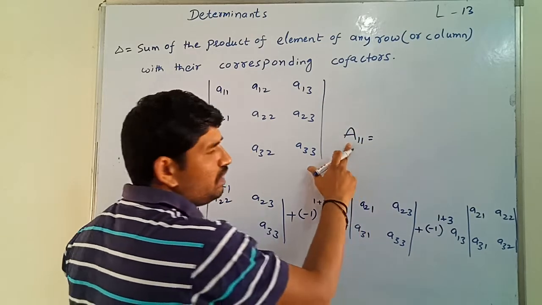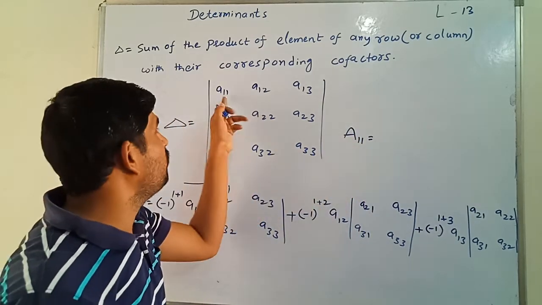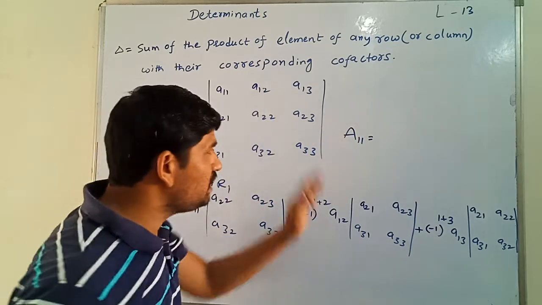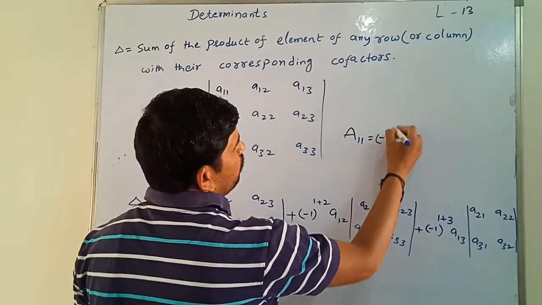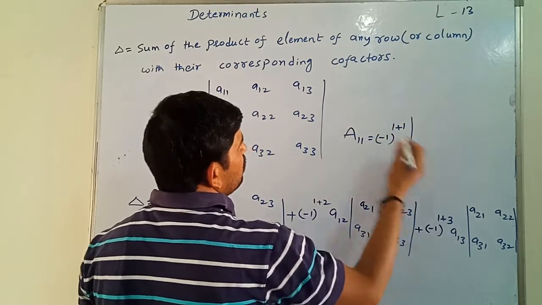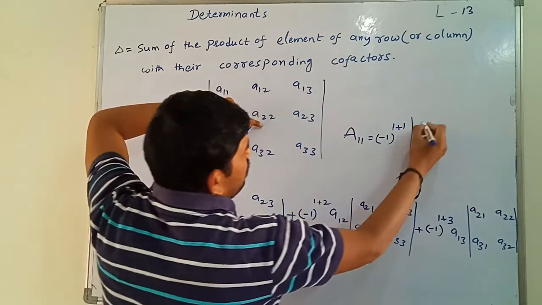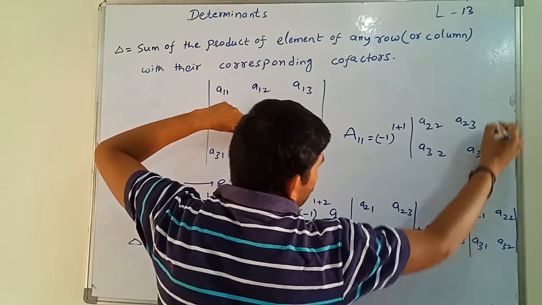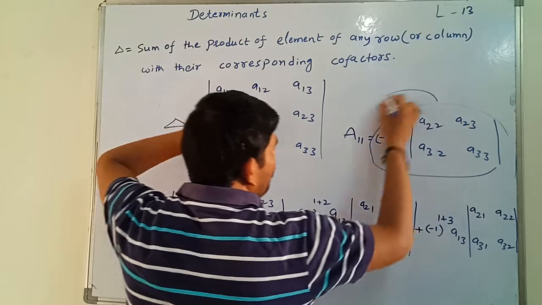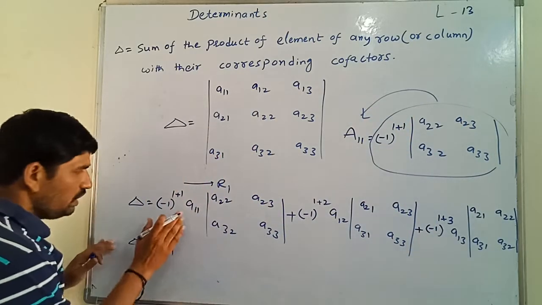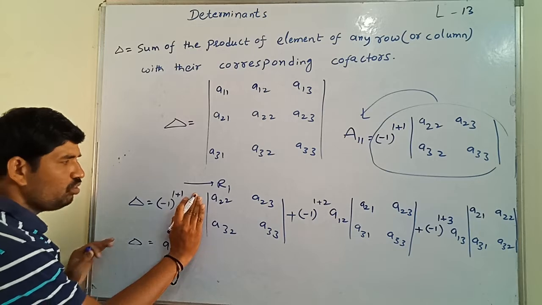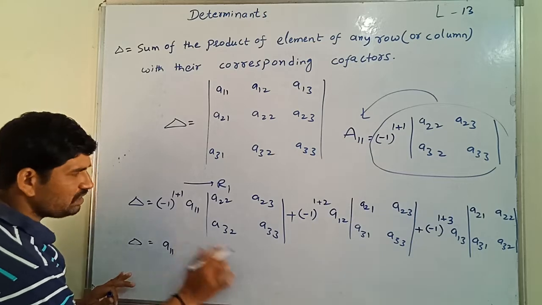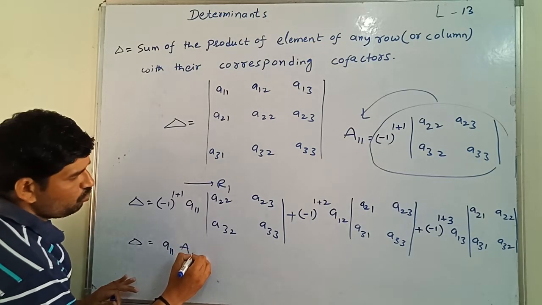The cofactor of the element A11 is equal to minus 1 whole power 1 plus 1 into, by closing the address of this, the minor A22, A23, A32, A33. By observing this, we can write small a11 into this total part, which is capital A11. So in place of this I am writing capital A11.